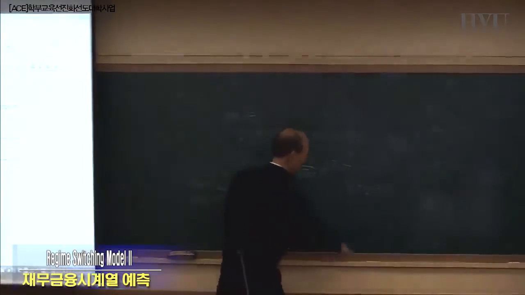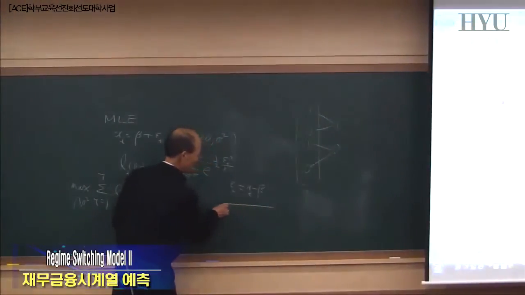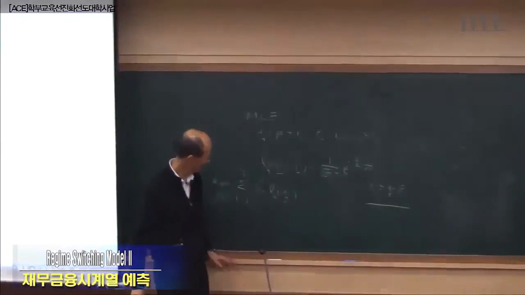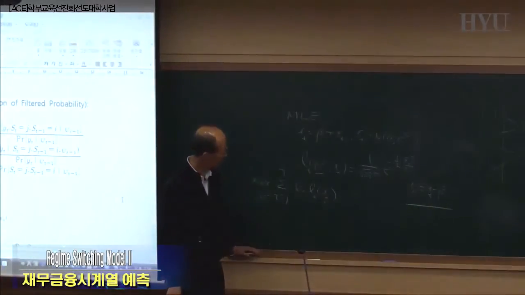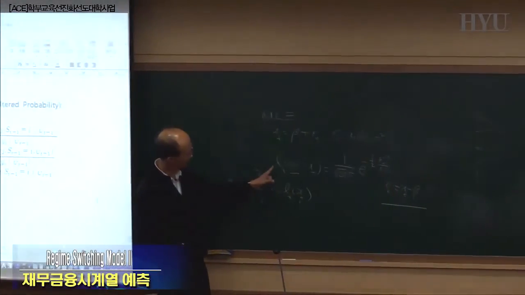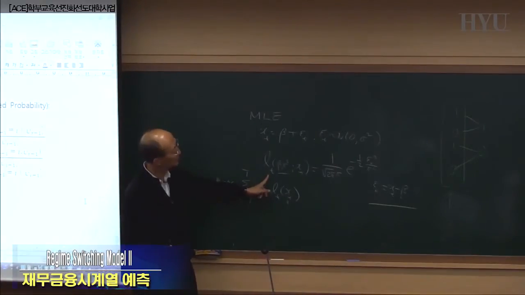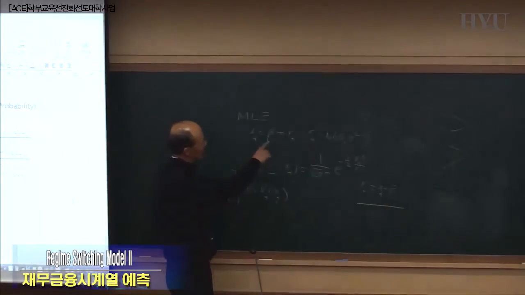Now the key is this one. Now the problem. See? When you try to calculate the likelihood function at time t, if beta depends on state.